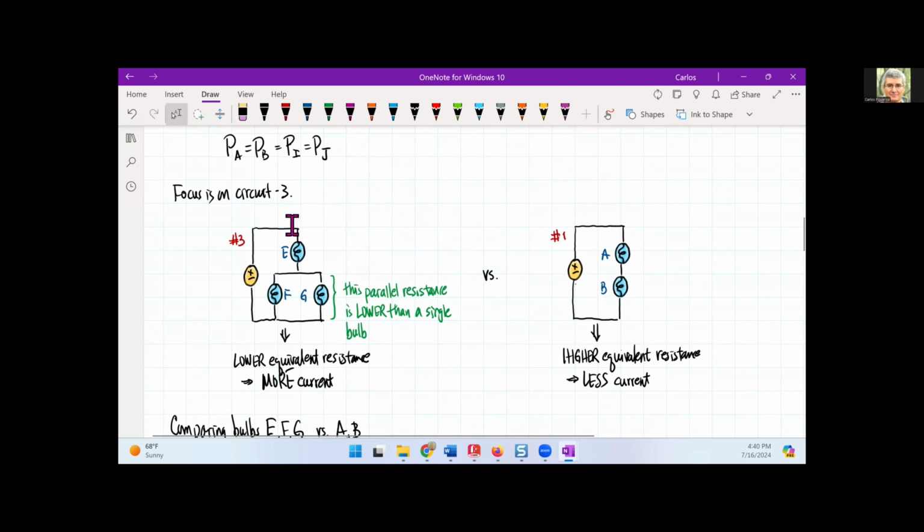But now the current is coming, and what's it going to do? It's going to divide.